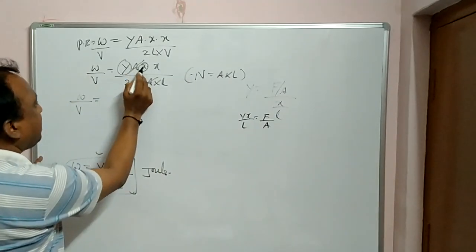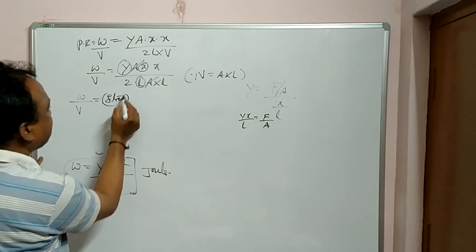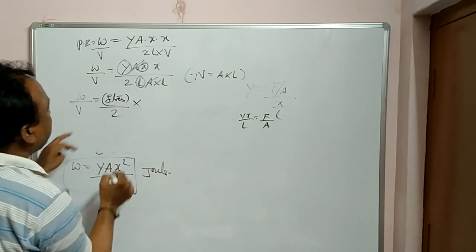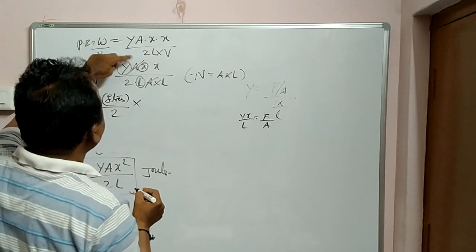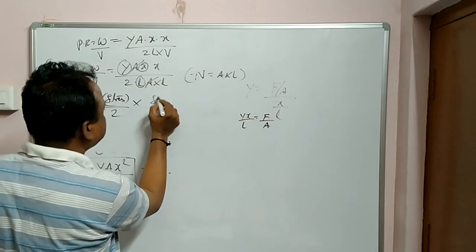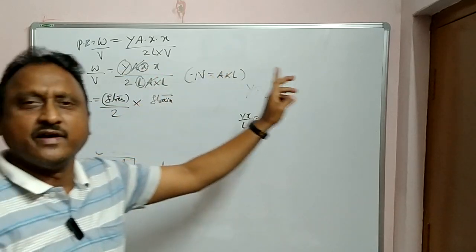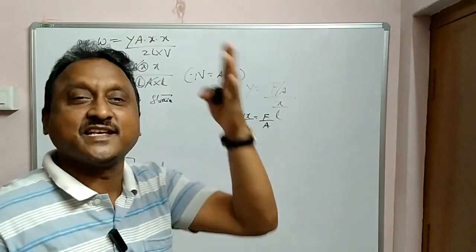So in this place, Y into x by L, I can write stress by 2 into what is left over: A is cancelled here, x by L is left. What is x by L? Strain. So the same formula derivation, I can write in the form of stress and strain.